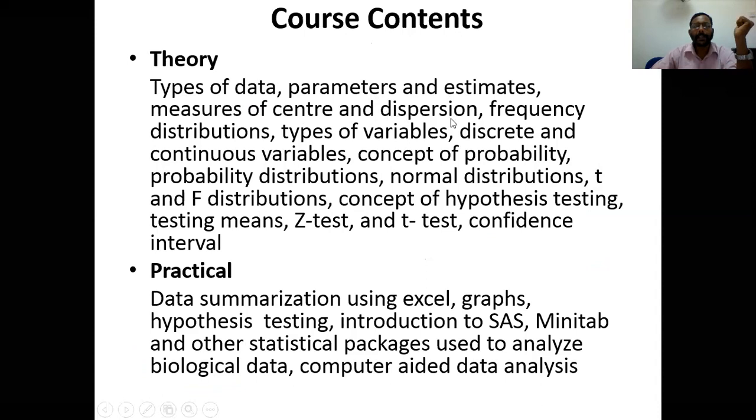Measures of center and dispersion, frequency distributions, types of variables, discrete and continuous variables, concept of probability, probability distribution, normal distributions, etc., and F distributions, different distributions. Concept of hypothesis testing, as I said earlier, and different types of testing of means available, mainly the t-test and the z-test. This we will look at, and finally we look at the confidence interval as well.